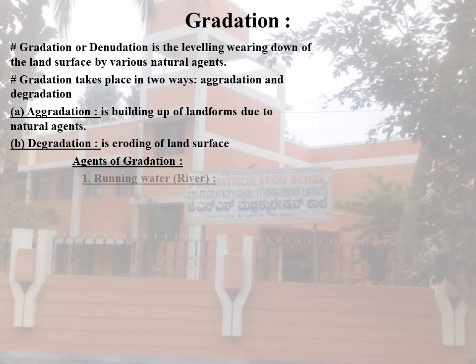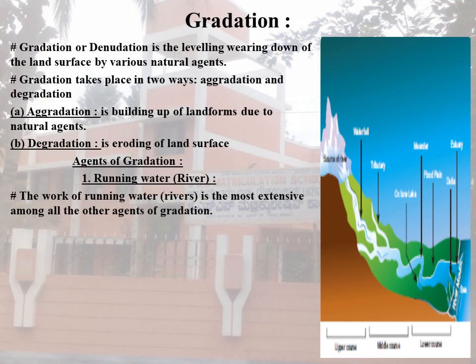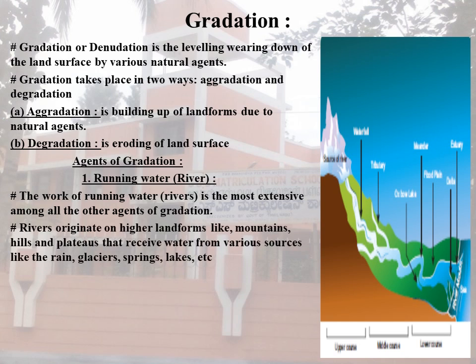First, in agents of gradation, we are going to see running water or river. The work of running water, rivers, is the most extensive among all the other agents of gradation. Rivers originate on higher landforms like mountains, hills and plateaus that receive water from various sources like rain, glaciers, springs, lakes and so on.